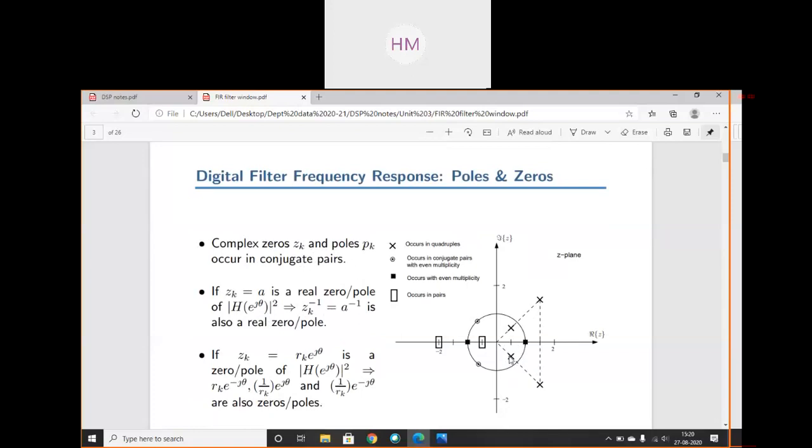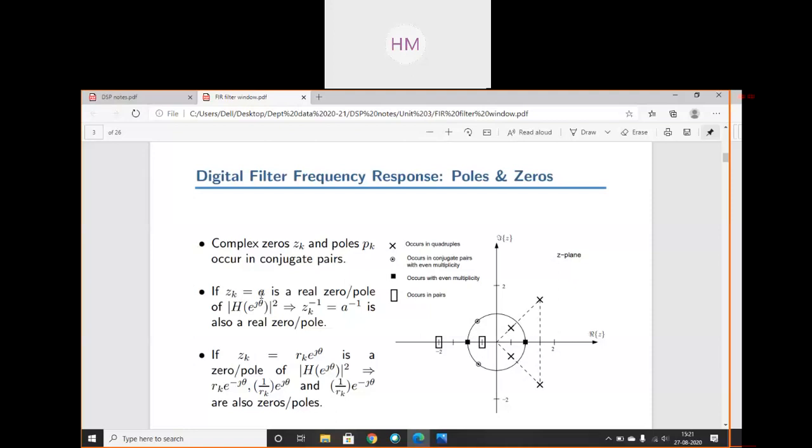If one of the poles lies here, its complex conjugate will always exist. Here a cross means it occurs in quadruples. This cross occurs in a conjugate pair with even multiplicity, this conjugate, this dot with a circle. A square means it occurs with even multiplicity, this square term. So all the pole-zero plot you can plot.